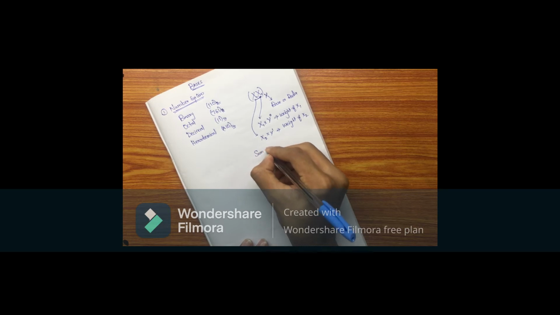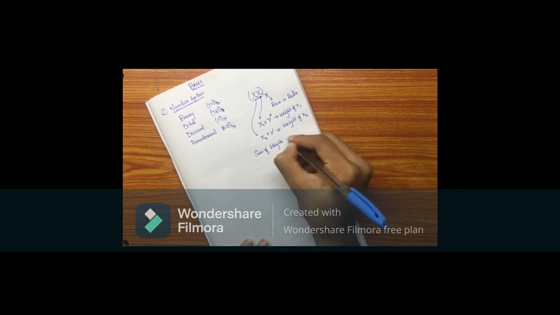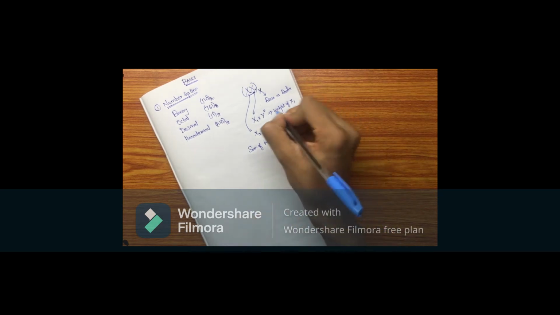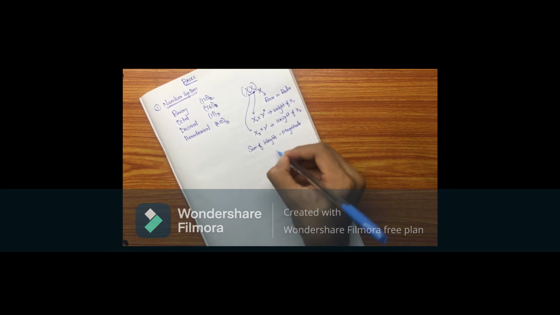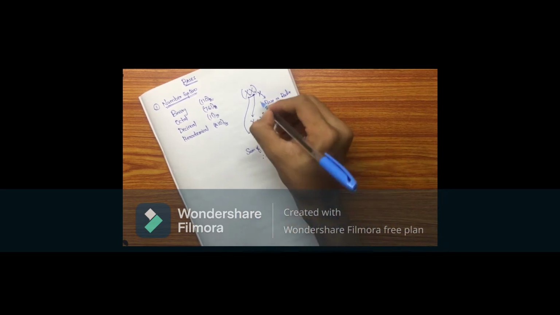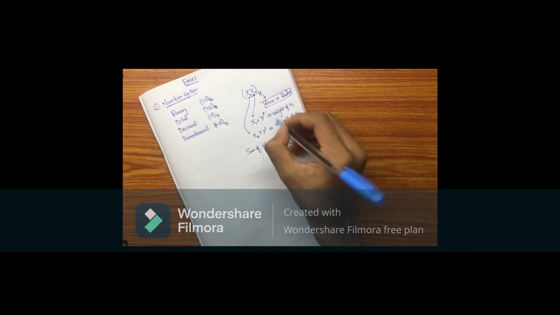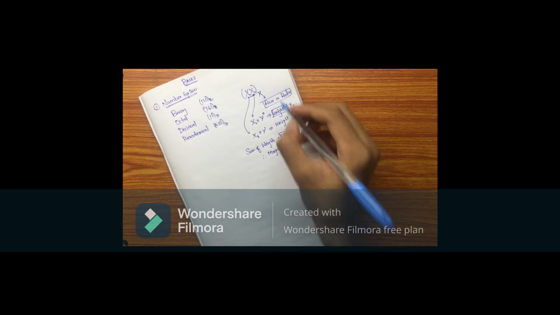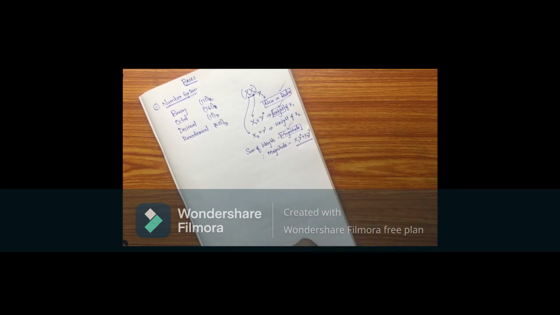Sum of weights is equal to magnitude. So magnitude is equal to x1 y power 0 plus x2 y power 1. So we know what is base or radix, what is the weight of a digit, and what is called the magnitude. These are the three main things we should know.